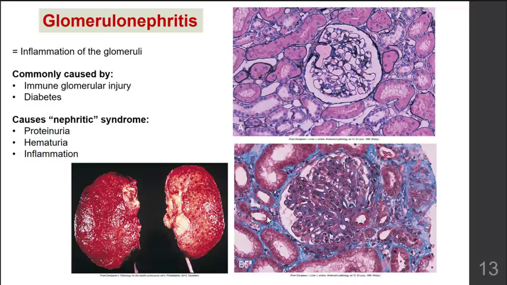There are two common causes. One is immune injury, specifically to the glomerulus, so immune glomerular damage. And this is a type 3 hypersensitivity reaction in which immune complexes deposit into the kidney. Another common cause is diabetes, but we'll have a look at this again shortly.